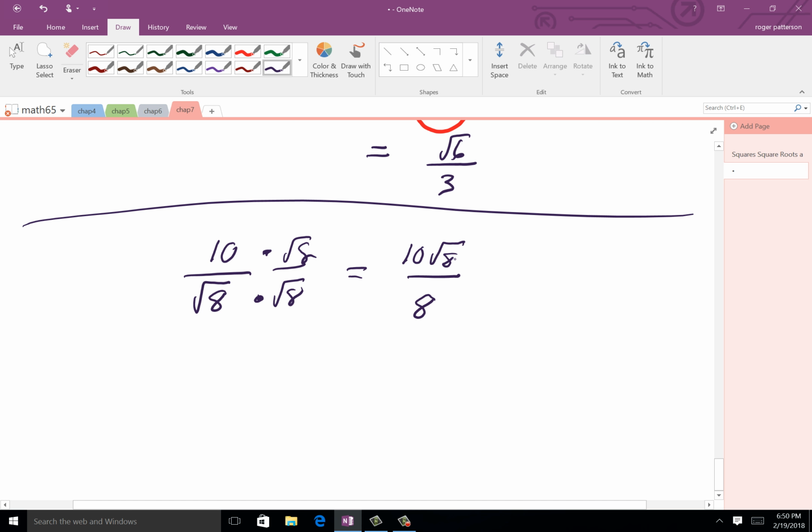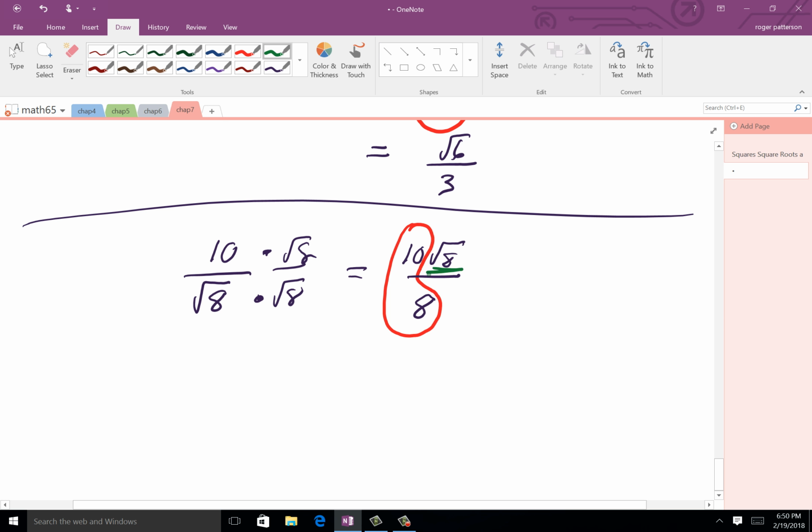Okay? Now, a couple things can happen here, right? Because, like I said, we can reduce this. Okay? We can reduce that. And what else can we reduce in this thing? We can reduce that. Okay? So there's a couple things happening here.